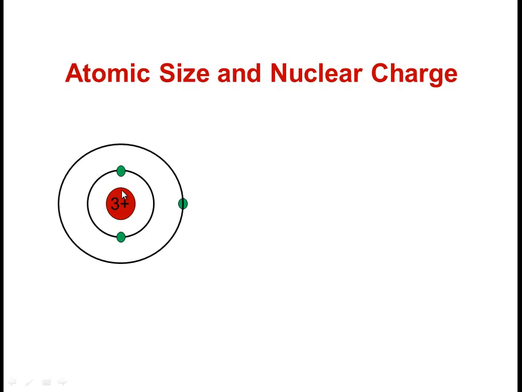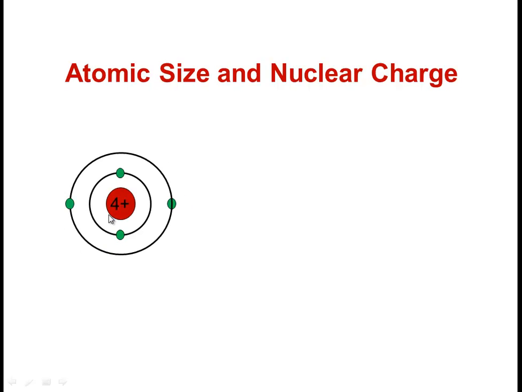Okay, all right, so here's lithium. You've got two 1s electrons, and then here's the valence electron in the 2s. There are 3 protons in the nucleus. Okay, so that's what I'm indicating here with the number. And starting with lithium, if you go to the right in period 2 of your periodic table, the next element that you encounter is beryllium, right?